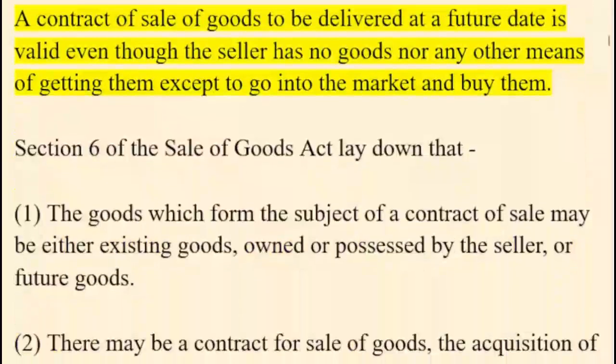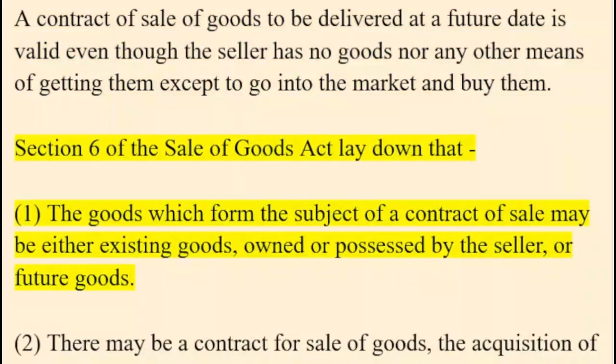A contract of sale of goods to be delivered at a future date is valid even though the seller has no goods nor any other means of getting them except to go into the market and buy them.